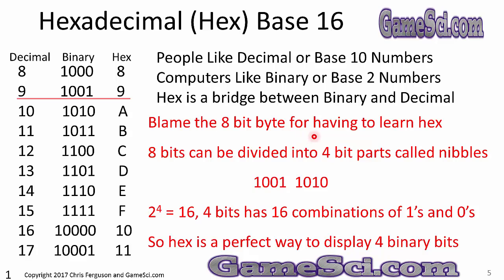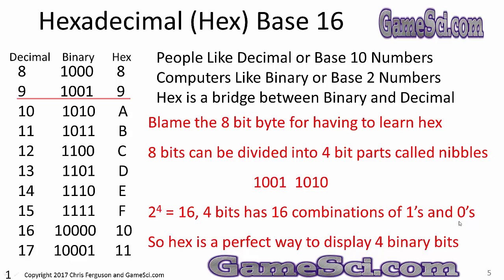Blame the 8-bit byte for having to learn hex. 8 bits can be divided into 4-bit parts called nibbles. 1001, 1010, that's 8 total bits, 2 nibbles, 4 bits each. 2 to the 4th equals 16. 4 bits has 16 combinations of ones and zeros.